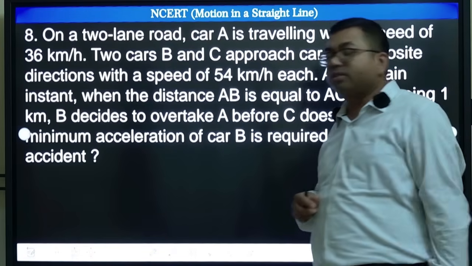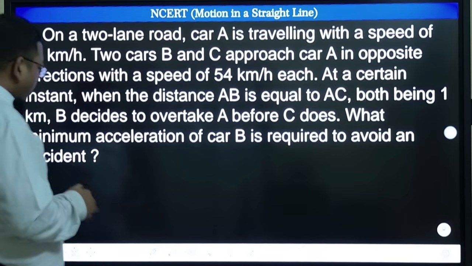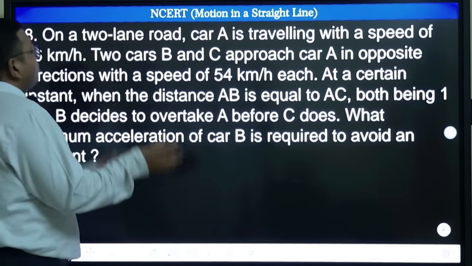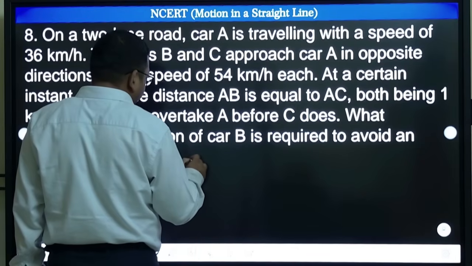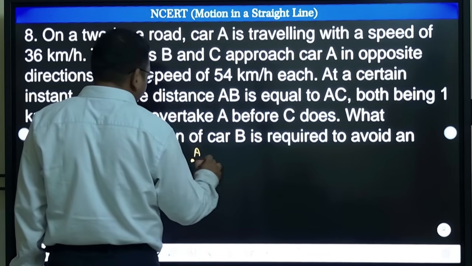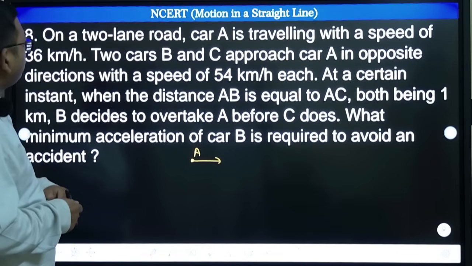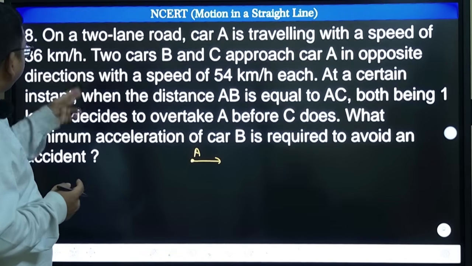What is happening here? On a two-lane road, there will be parallel roads, you can say. Car A is traveling with a speed, so suppose I am representing this with a point. It is going with a speed of 36 kilometer per hour. I can choose to convert into SI units, so 5 by 18 we will do.